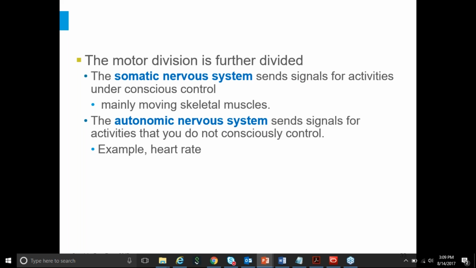The autonomic nervous system sends signals for activities that you do not consciously control. For example, the motor neurons that control your heart rate are part of the autonomic nervous system. You can't consciously decide that you want your heart rate to speed up or slow down and have it happen. Your brain takes care of that on its own.